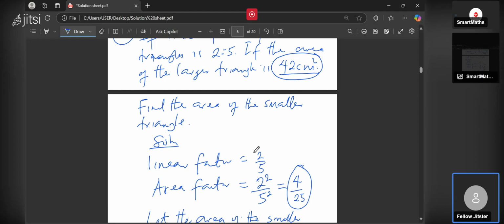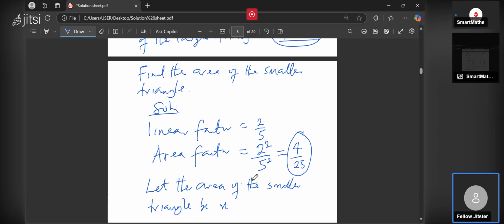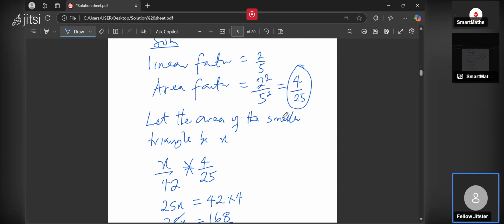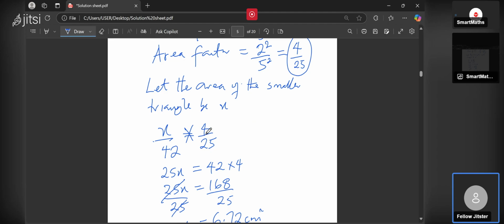Once you square the linear factor, you get 4 over 25. We have been given the area of the bigger one, so let's represent the area of the smaller one as x. Then x, the smaller one, over the area of the bigger one, 42, equals 4 over 25.